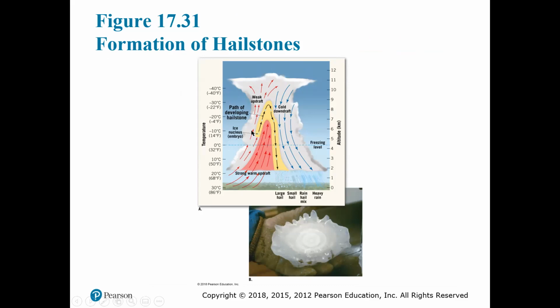And so what happens is one of those ice nuclei, or these cloud nuclei, they kind of get caught in this cycle, okay? And they can even continue going around and around. And they'll fall if they kind of stay in this little middle zone that's right between the cold downdraft and the strong warm updraft.